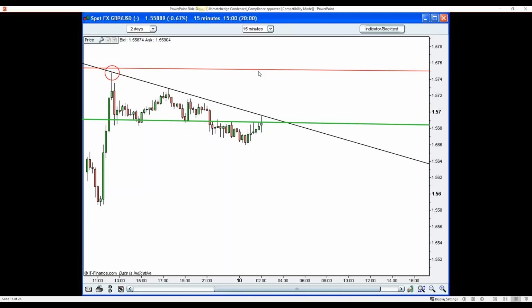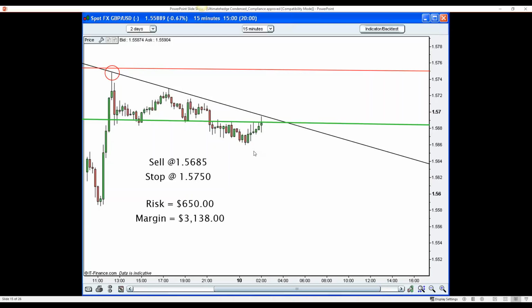Because I have to have a stop. So I think it's going to keep going short, but if I'm wrong and it comes up here to this red line, I'm going to get out with a loss. So I sell right here, okay? See over here, see the pricing? So I sell right here at 56.85. My stop is up here at 57.50, okay?